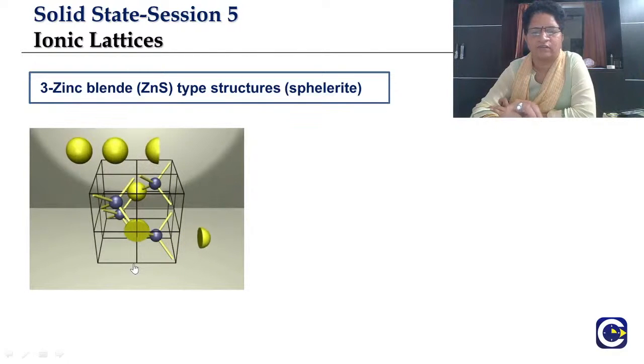How many close pack structures do we need? 4. You should get 4:4.